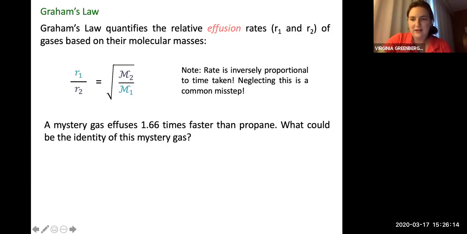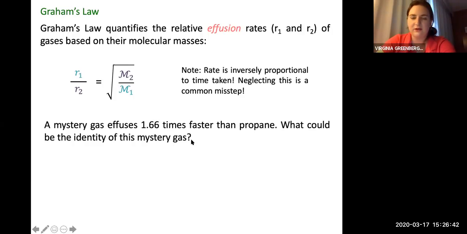But let's go ahead and compare how propane diffuses to some mystery gas. So they tell us that they measure the rates of propane and our mystery gas as they effuse through some hole. And they see that our mystery gas moves 1.66 times faster than the propane.